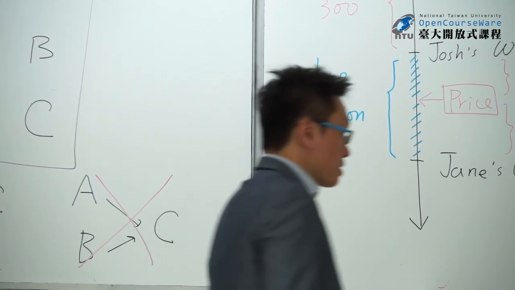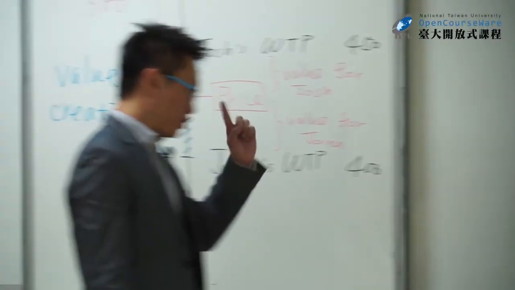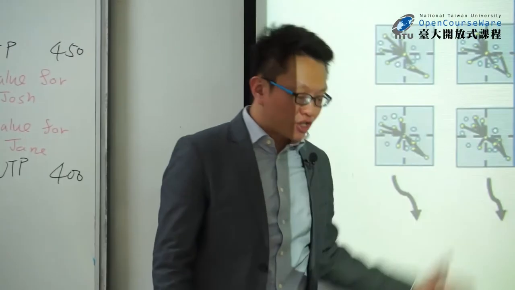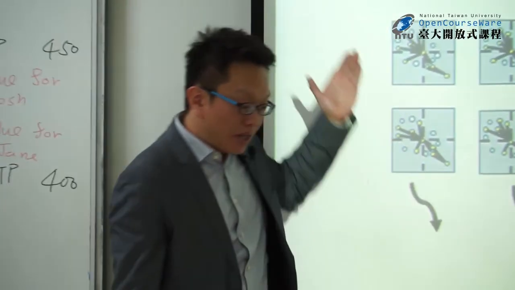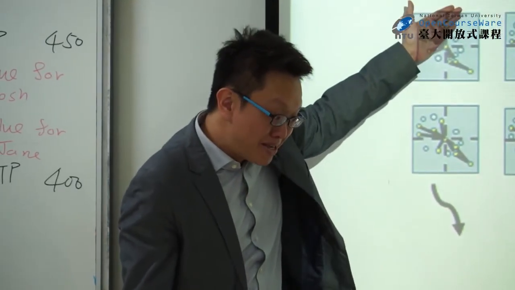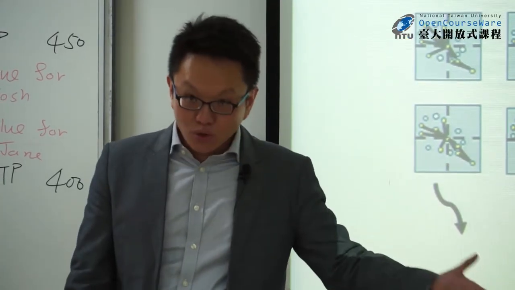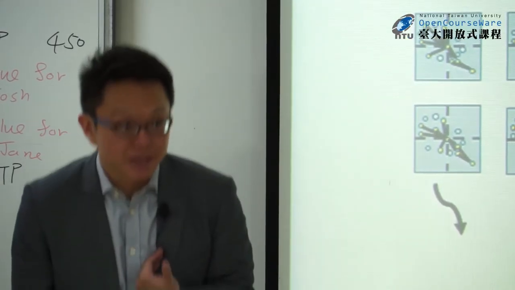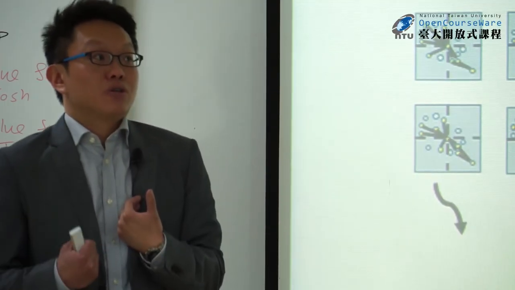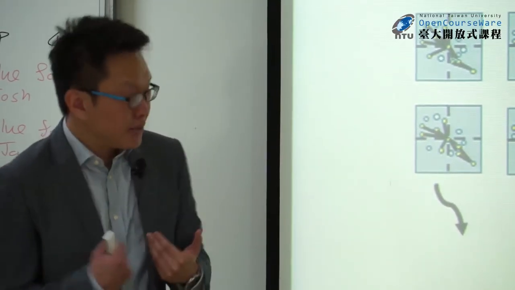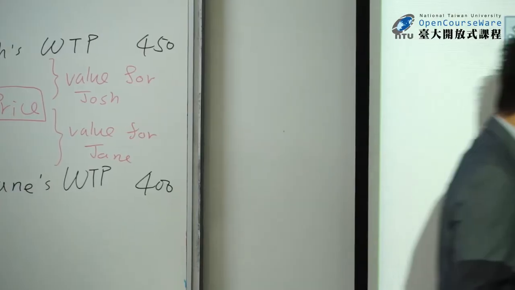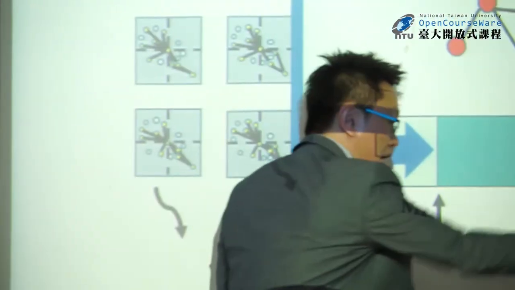Why? I believe you are all very smart, so let's think this way. If now we have so many value chains, and any value chain involves me as a player, the highest value I can get with a value chain that includes me will decide the minimum value I get from the entire transaction.